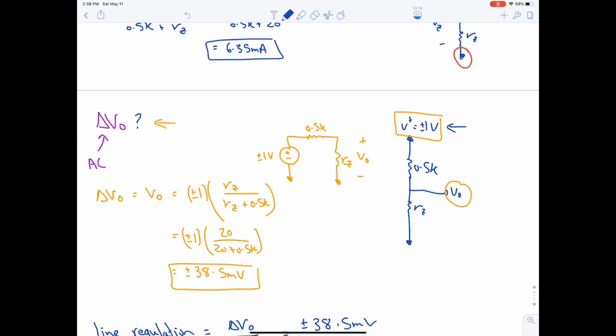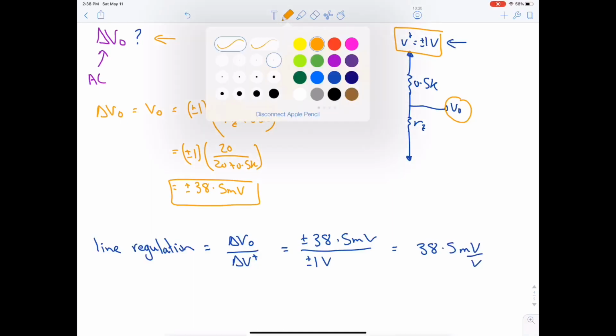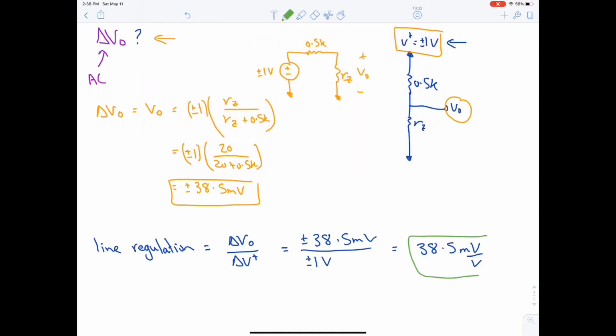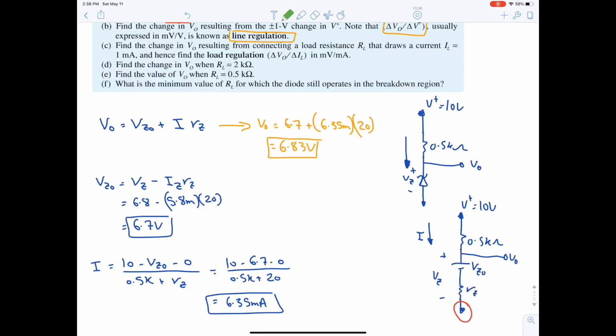Because it's AC, it's delta, it's the same thing, divided by plus minus 1 volt. So the answer will be 38.5 millivolt over volt. Okay, this is the answer. Let's move on to the second part. This is part B, this is part A.